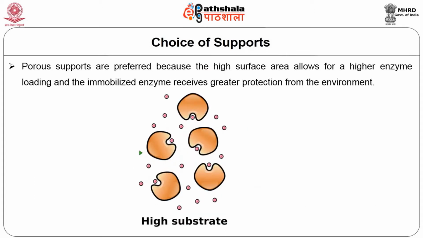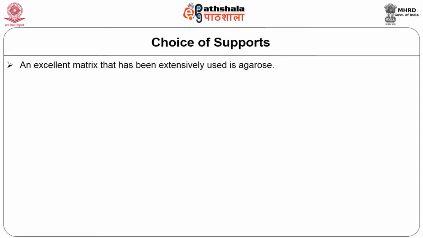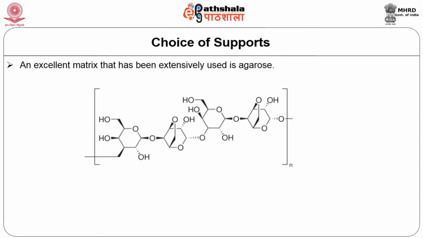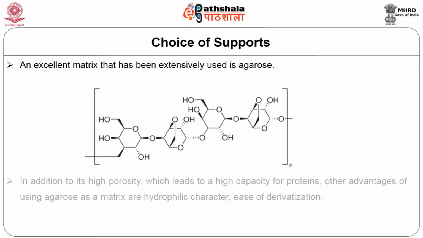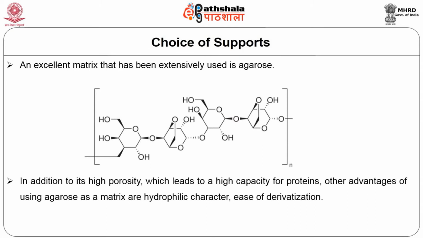Therefore, porous supports are generally preferred because the high surface area allows for a higher enzyme loading and the immobilized enzyme receives greater protection from the environment. Porous supports should have a controlled pore distribution in order to optimize capacity and flow properties. An excellent matrix that has been extensively used is agarose, in addition to its high porosity, which leads to a high capacity for proteins.